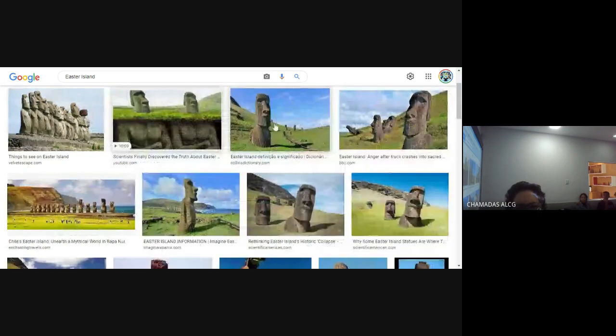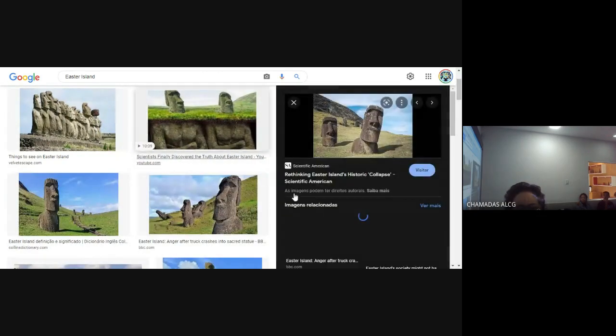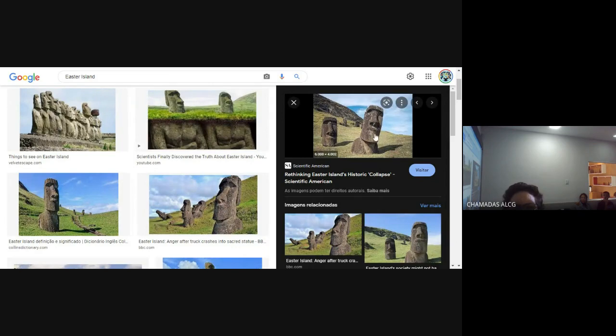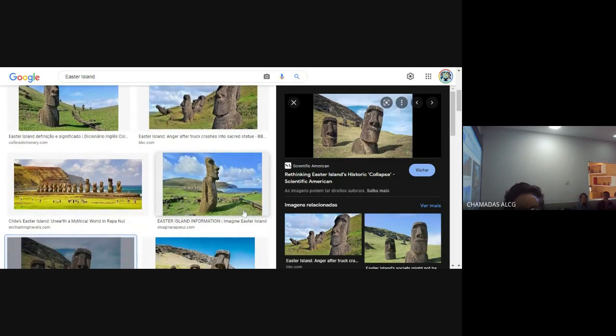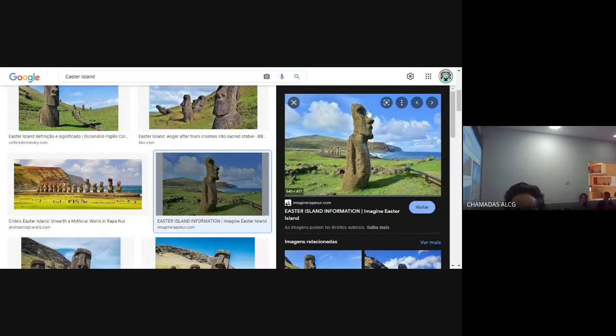Really crazy, and the size and the expressions on the faces, and they are really big. Look, people, they're super big. Look, there is a person here. Look at the size of the person and the size of the sculpture. How could a normal human being do that?